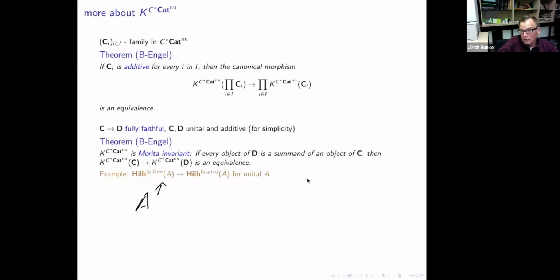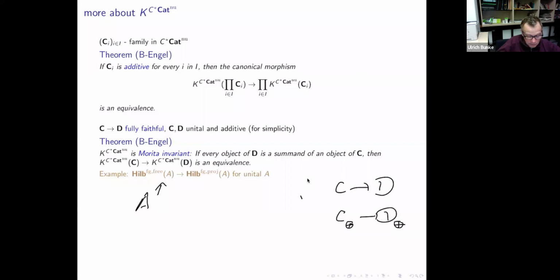And A is not additive, that's the point. A morphism from C to D is a Morita equivalence if, after I make the finite sum completion, it satisfies the assumption of the theorem. That's the general definition of Morita equivalence for unital categories.